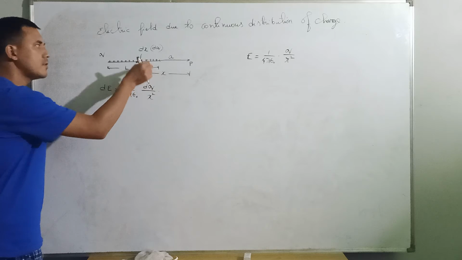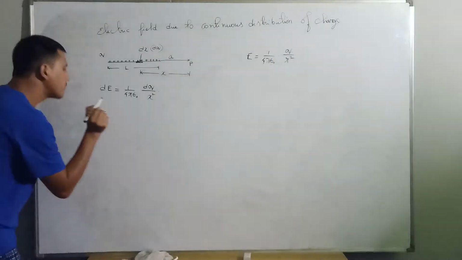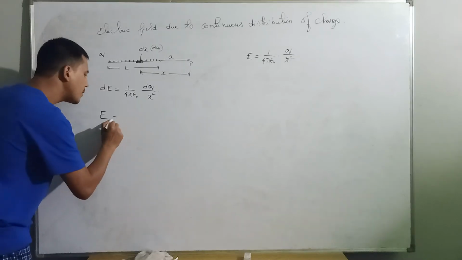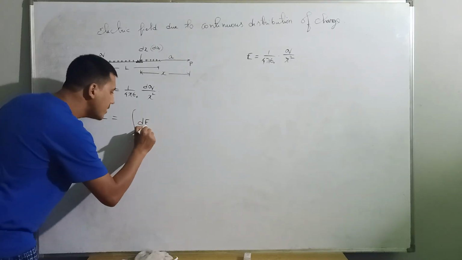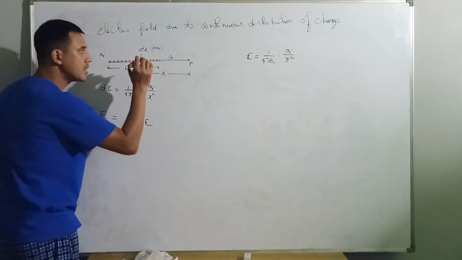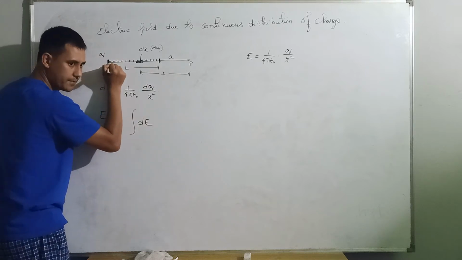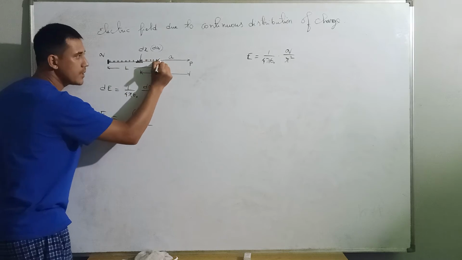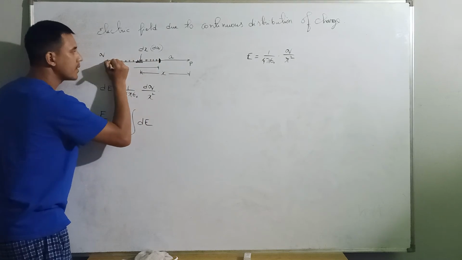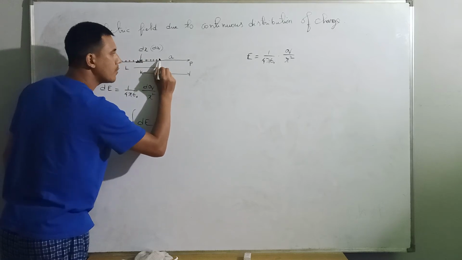Therefore, if I add the electric field at point P due to all those elements, that will give you the total electric field at point P. And it can be obtained by integrating this dE, considering such elements starting from here up to here. So if we consider the element from here, then what is the distance of P from this element?